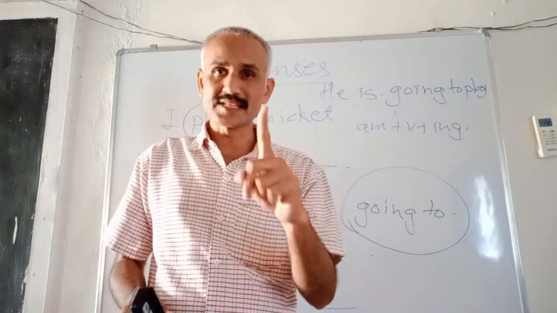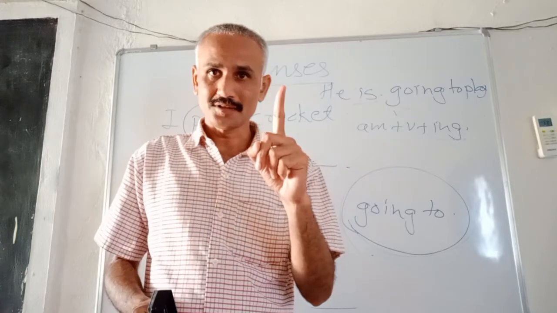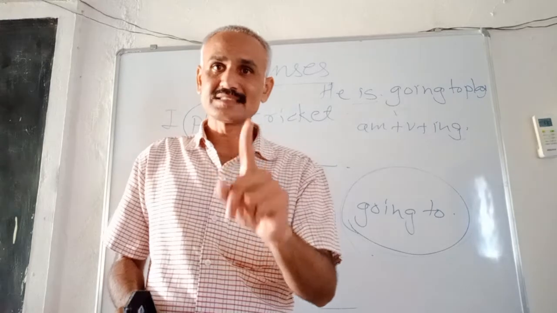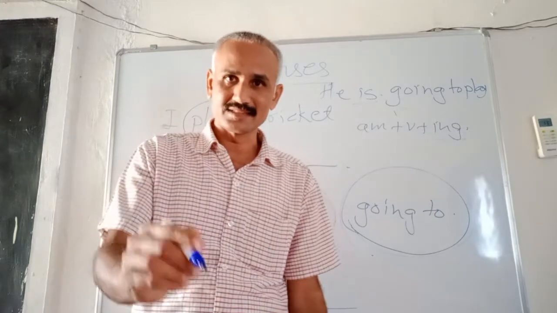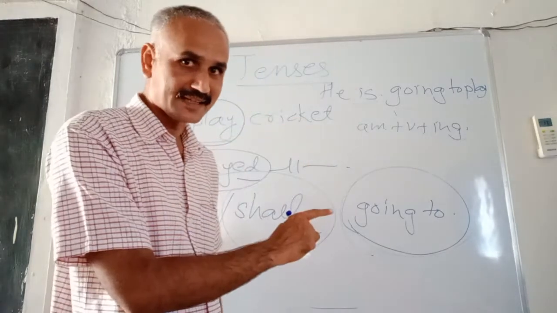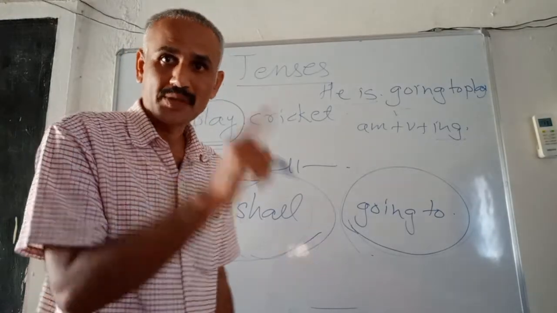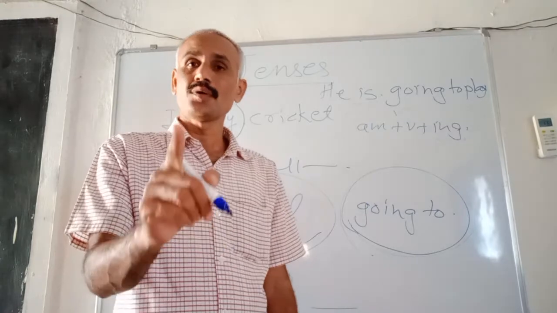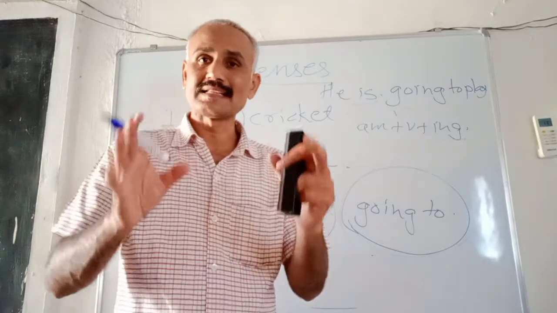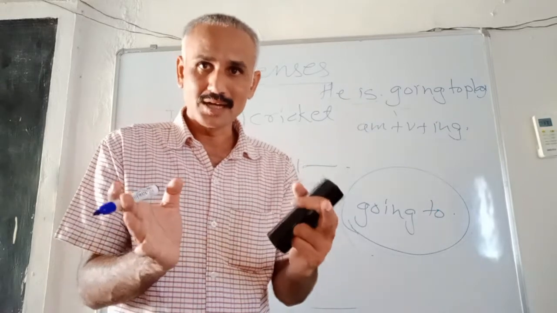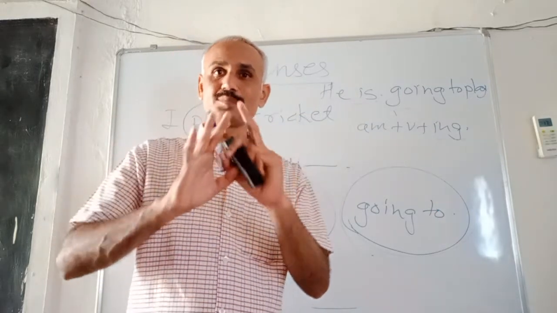As far as the future tense is concerned, I once again repeat, theoretically future tense doesn't exist, and the reason is that there is no future form of verb. So the future tense doesn't exist. I'm making it a very plain statement.